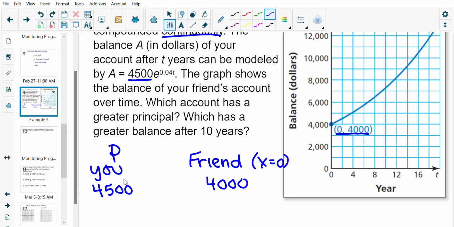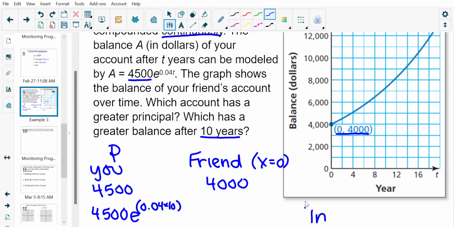Then it says, which has a greater balance after 10 years? So in your equation, I'm going to have 4,500 times e, and I'm going to raise it to the 0.04 times 10. We're going to put that all up in the exponent. And then you're going to type this into your calculator. The e on your calculator is the second function of natural log.